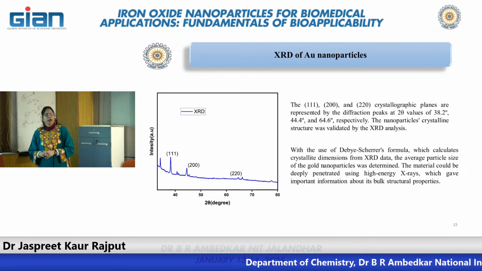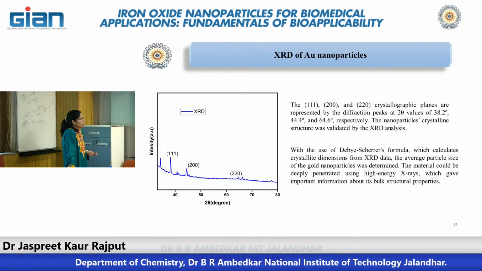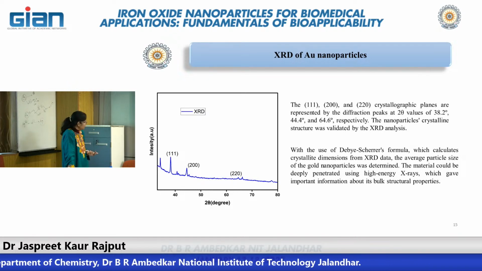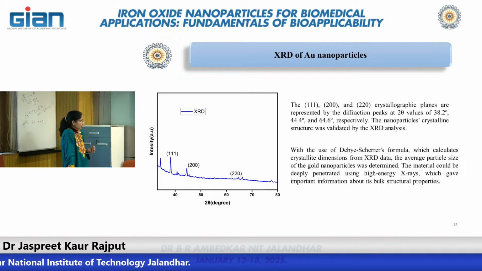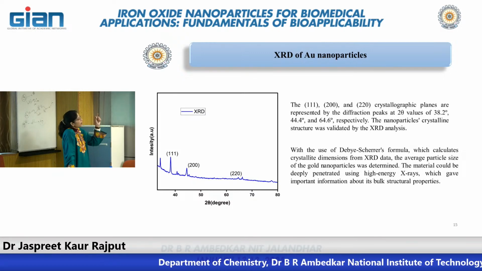So now the point is, how can I check that my gold nanoparticle is formed? There is JCPDS data, where the crystallographic data is always there, and there is a particular JCPDS file number that belongs to that particular crystal, and we normally compare our data with that reported data.